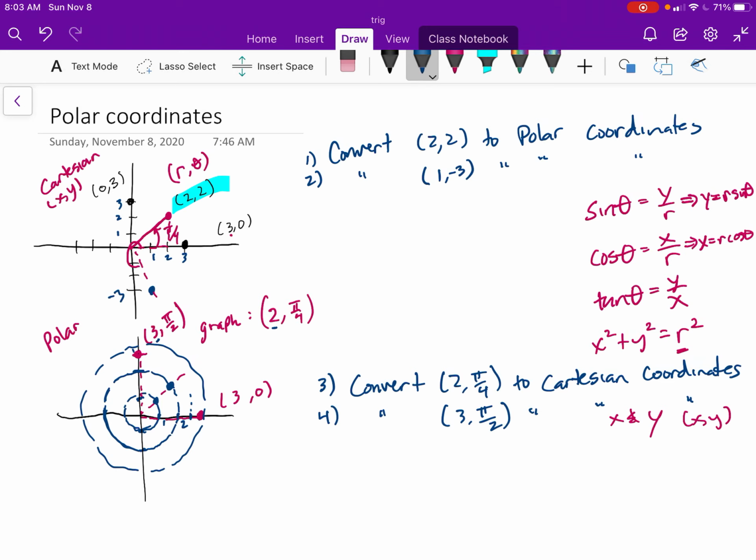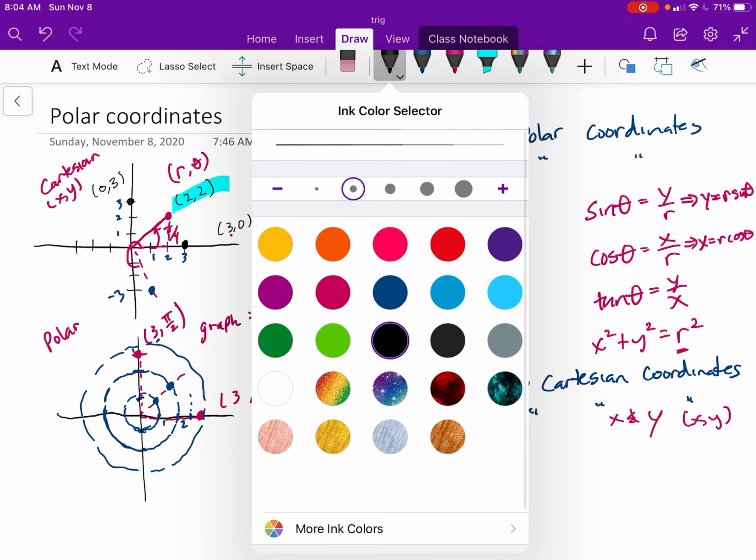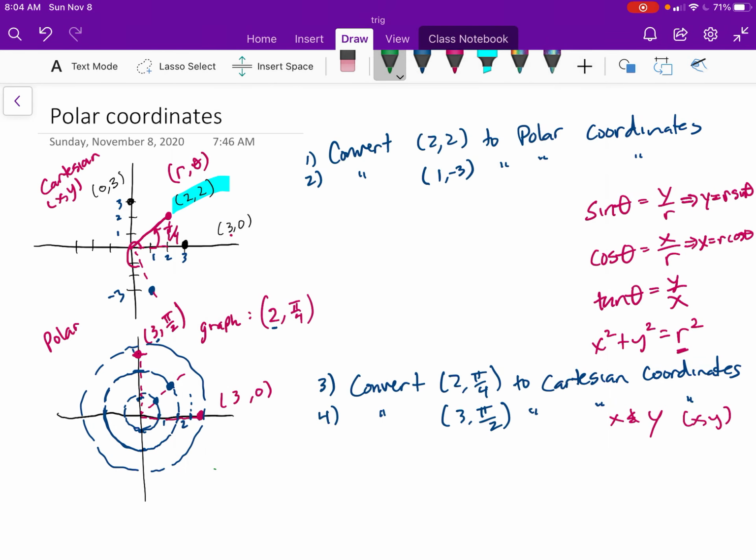So let's actually do number 4 first. I'm going to choose a different color. Because I know this one, right? We should get (0, 3). So y equals r, so 3, right? This is r, this is theta, multiplied by sine pi over 2. So on the unit circle, sine of pi over 2 is 1.